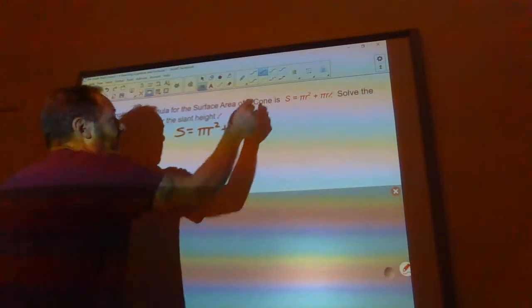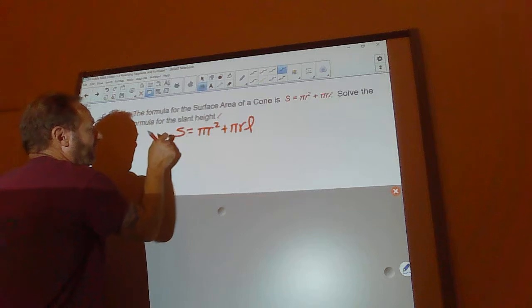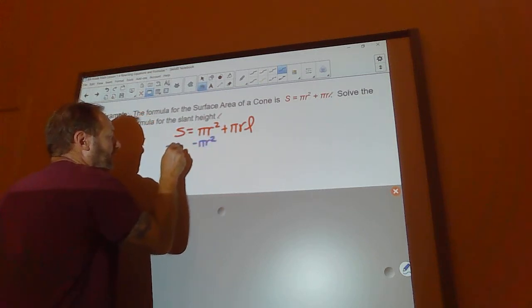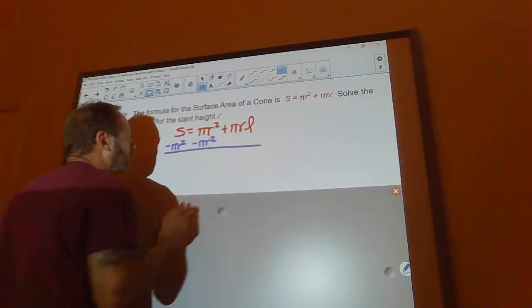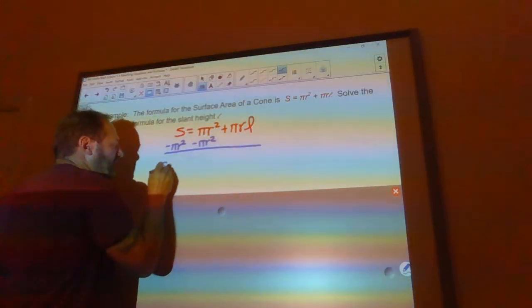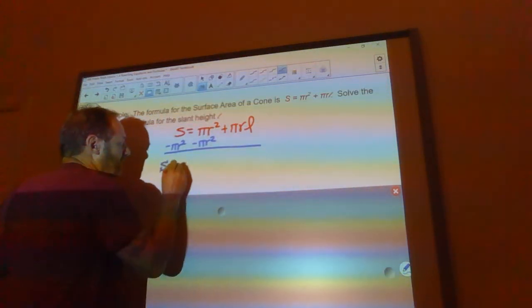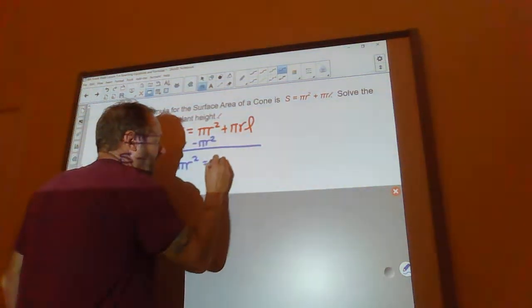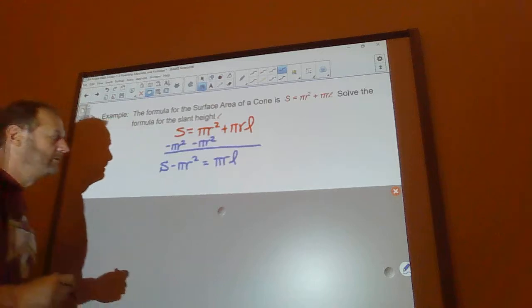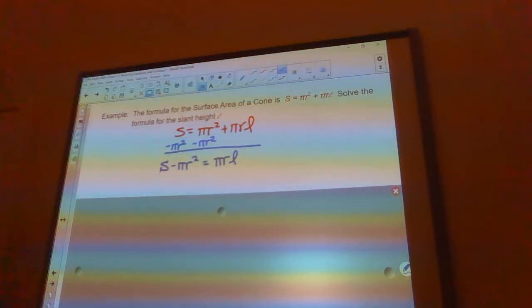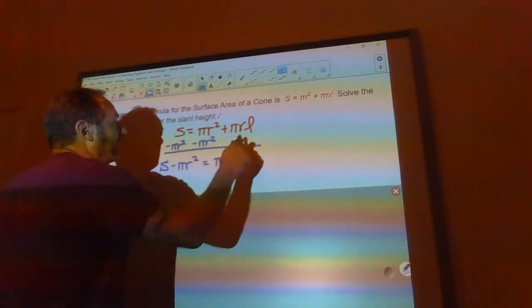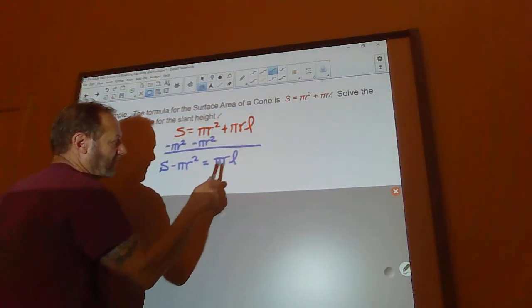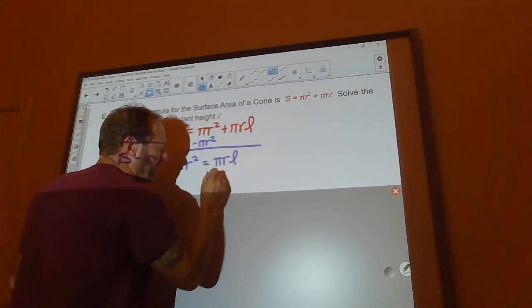Okay, so the first thing I'm going to do, I'm going to move this stuff over here. So I'm going to subtract pi r squared from both sides. So I'm going to get S minus pi r squared equals pi r L. Okay, next step. This is all multiplication here. I want to get L by itself, so I'm going to divide by the pi and the r.